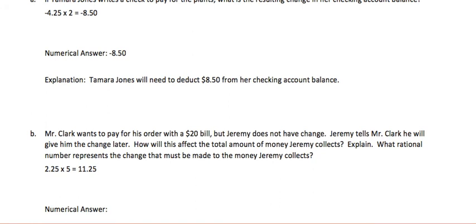However, remember, he wants to pay with a $20 bill, and Jeremy doesn't have change. So the $20 bill minus $11.25 will be what Jeremy has to give him at a later time, which is $8.75. So our numerical answer, how will this affect the total amount of money Jeremy collects?